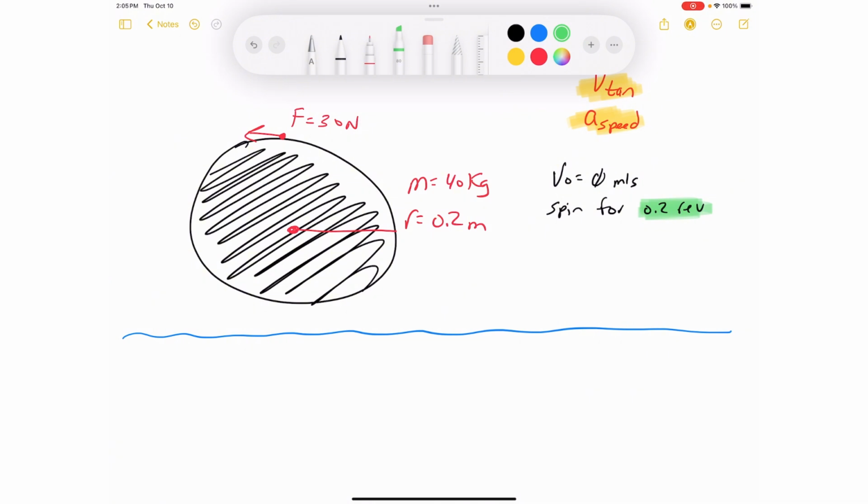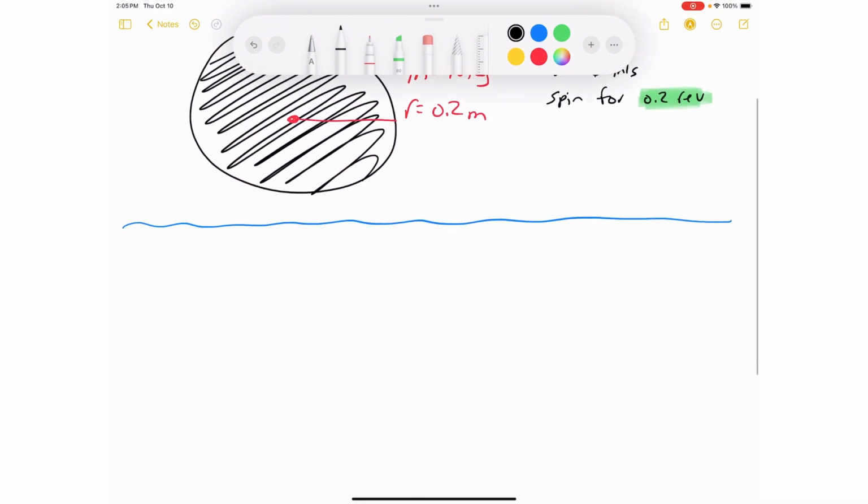Now, this is a circle or a wheel, and normally if you're doing things that are moving linearly, or translationally, then you would use the formula F equals ma. Force is equal to mass times acceleration. That's Newton's second law. But that's for things moving straight, linear, non-circular motion.